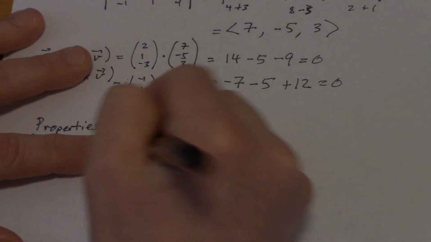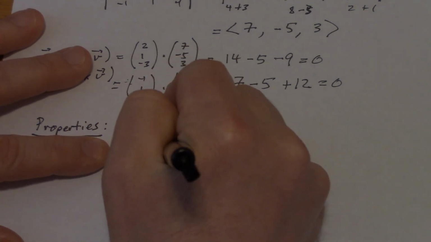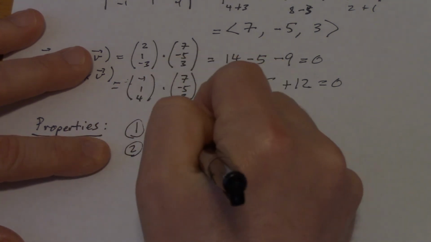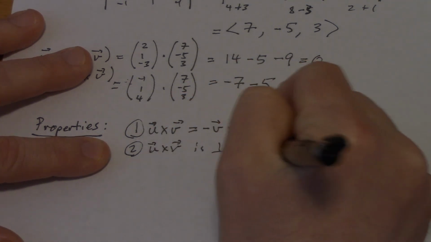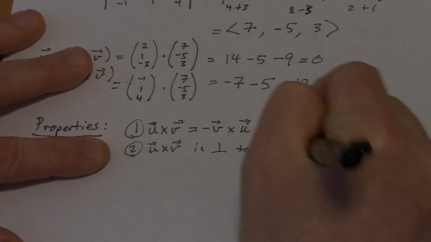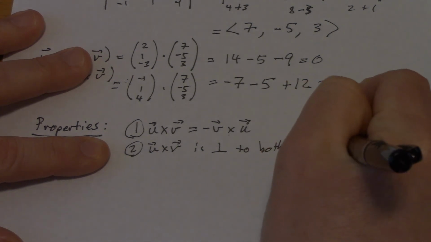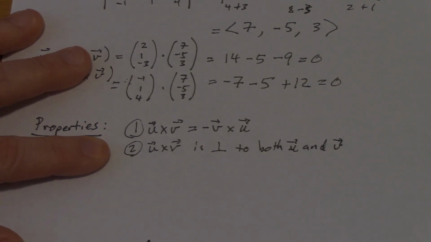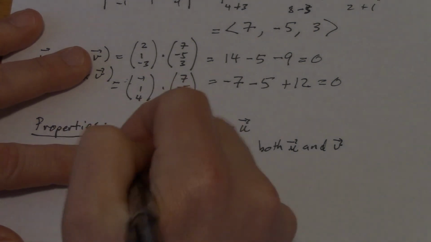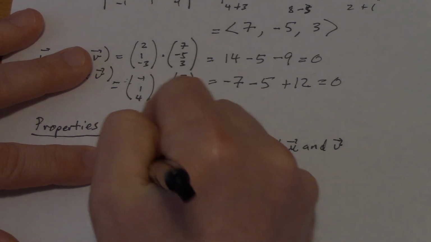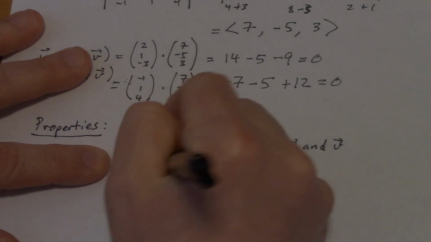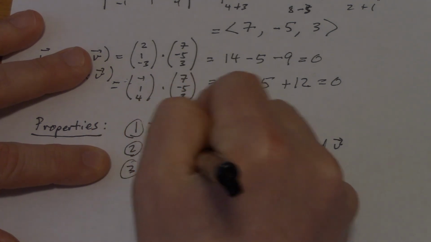Okay, as we just saw, u cross v is perpendicular to both u and v. Okay, so that's significant. We get something perpendicular to both of the vectors. And then we have the distributive property, so u crossed with v plus w.